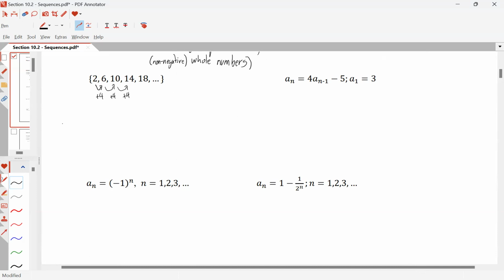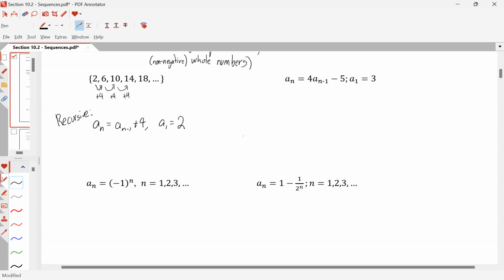So if I wanted to write the recursive formula for this, it would be, I'm taking the previous term and adding 4, where my first term of the sequence is 2.